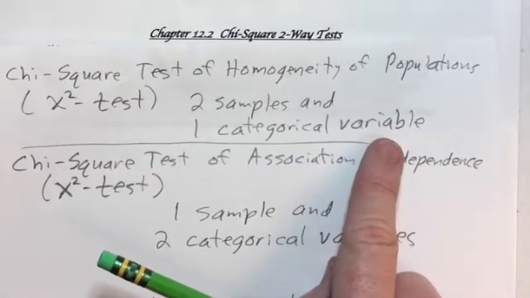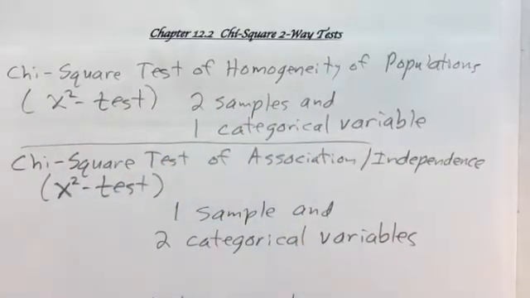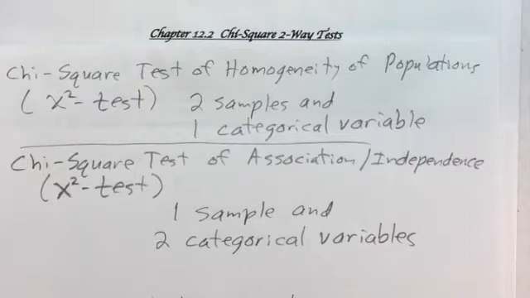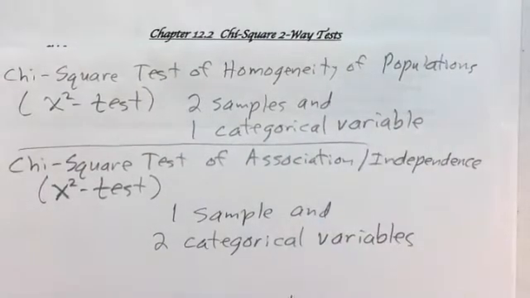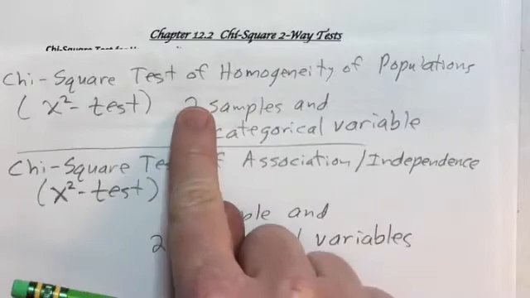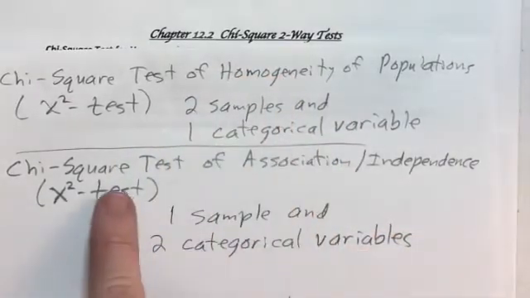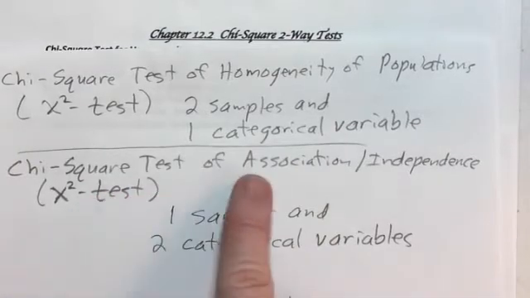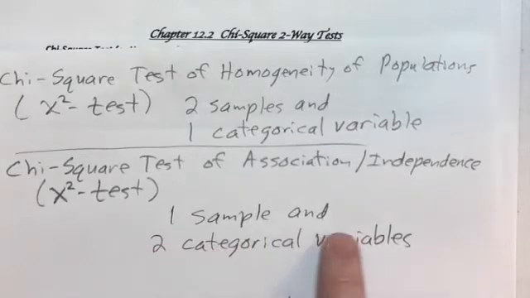So let's say it's got the people in Madison County compared to the people in, let's say, Limestone County, and it wants to compare some categorical variable: their religious affiliation or their race or whether or not they've been to college. But they're comparing two samples, one categorical variable. Whereas the chi-squared test of association independence means you have one sample, but it's comparing two categorical variables.